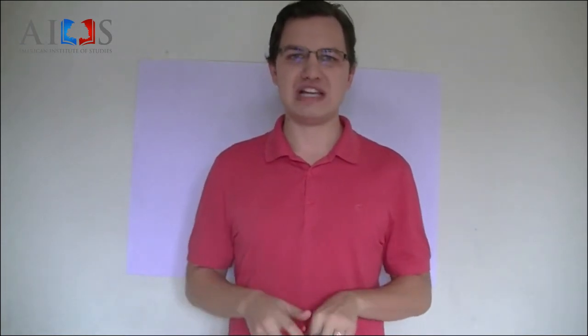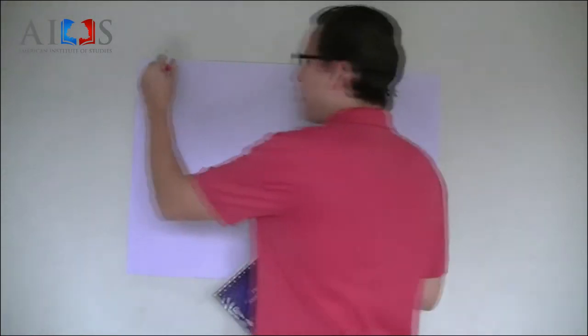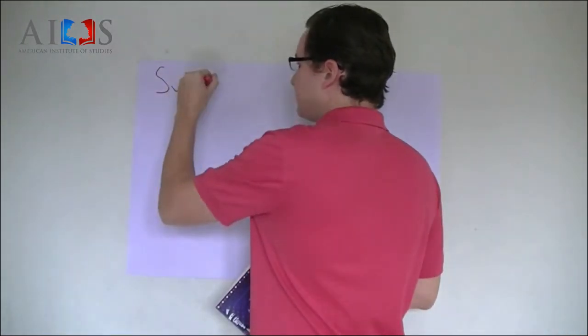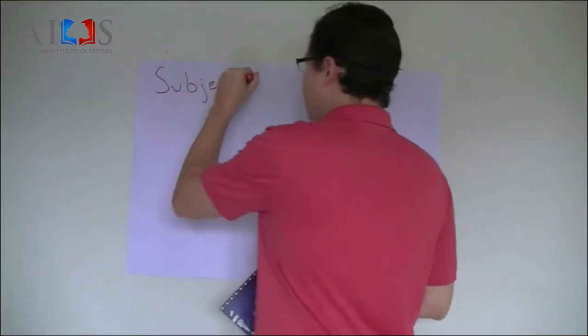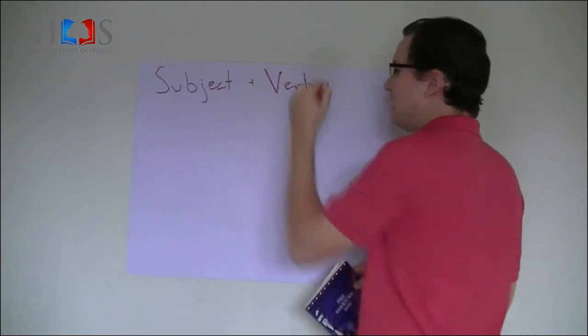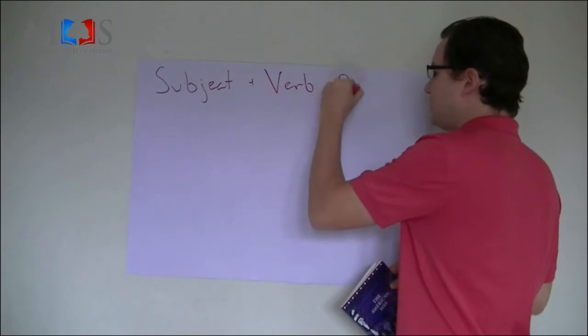Hello! The first lesson we'll look at is Lesson 25, the first lesson of grammar. In this lesson, we look at ending punctuation. Now, every sentence must have 3 things. Must have a subject, must have a verb, and must have punctuation.